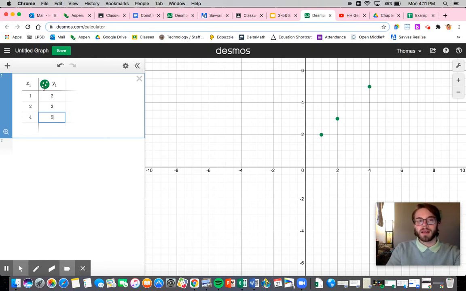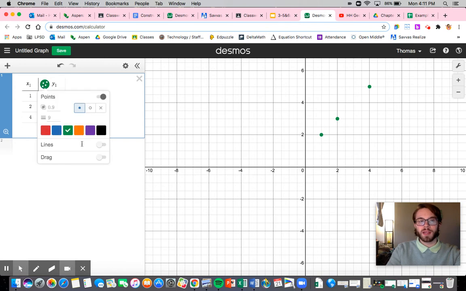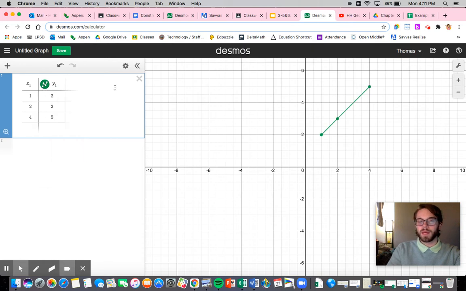Now, if I were to try and draw a line through this, see how that's a perfect line? So this would be the perfect line for this.